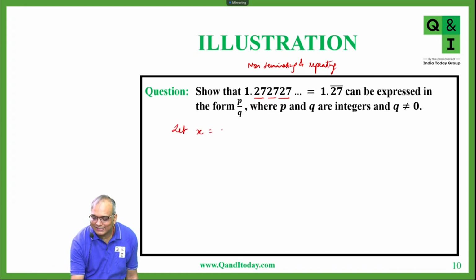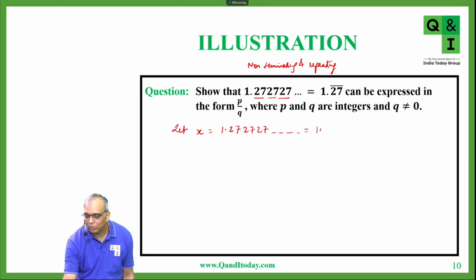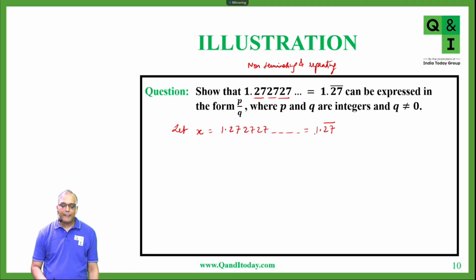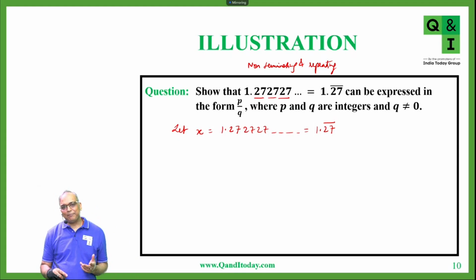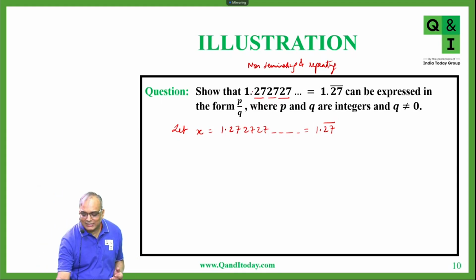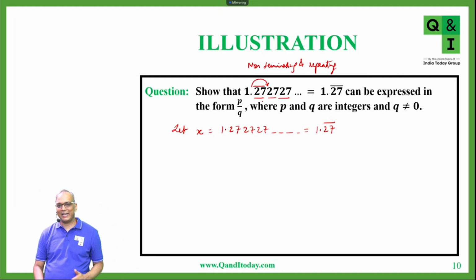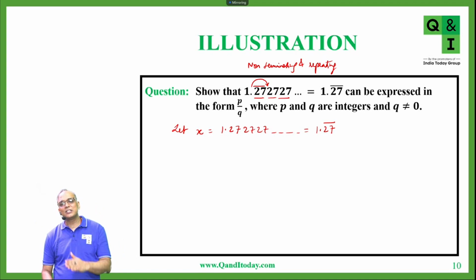Let x is equal to 1.272727 and so on, which is equal to 1.27 with a bar over it. Now, as I said in the previous question, your second step is to move this decimal point after one repetition. Because 27 is repeating, we'll move this decimal 2 digits towards right. To move the decimal 2 digits towards right, you will have to multiply it by 100.